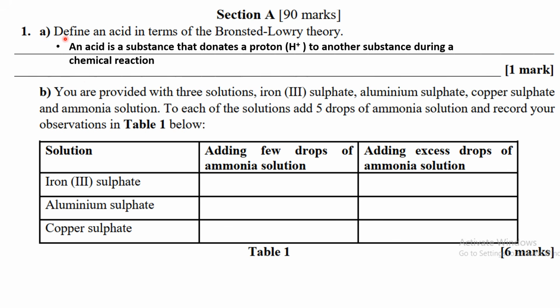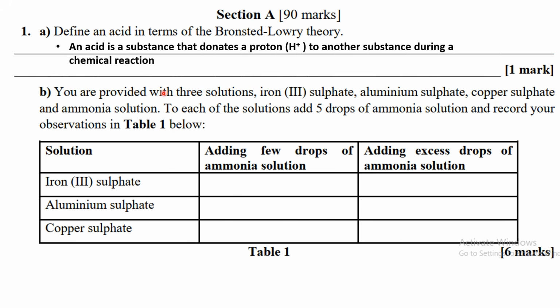Number 1B. We are going to look at this one. You are provided with 3 solutions: iron(III) sulfate, aluminium sulfate, copper sulfate, and ammonia solution. And then there's this instruction: to each of the solutions add 5 drops of ammonia solution and record the observations.